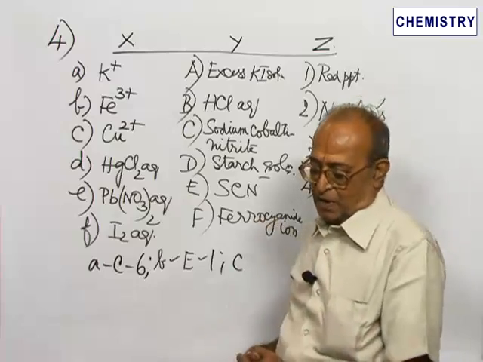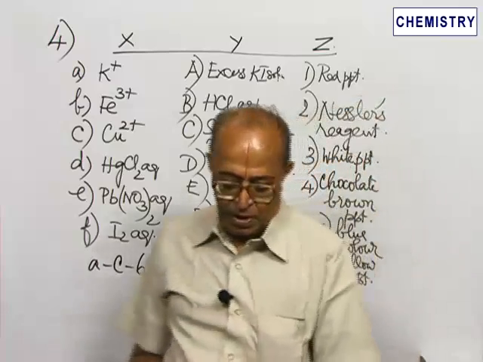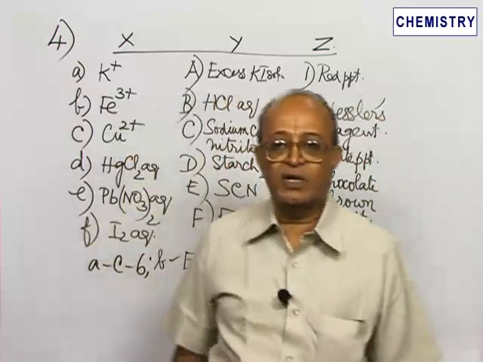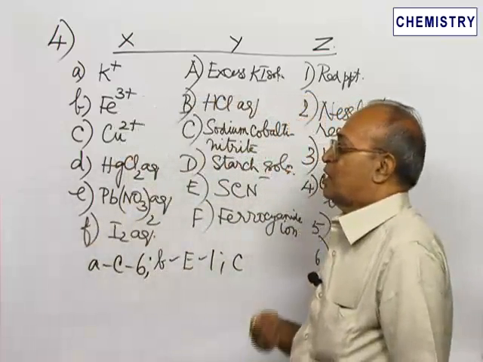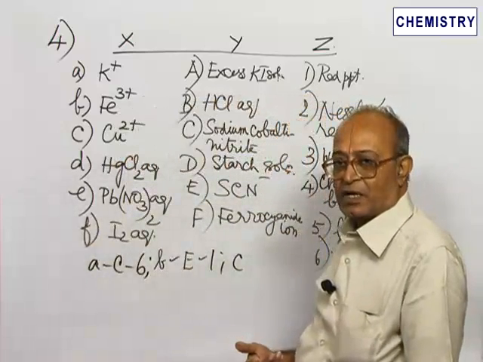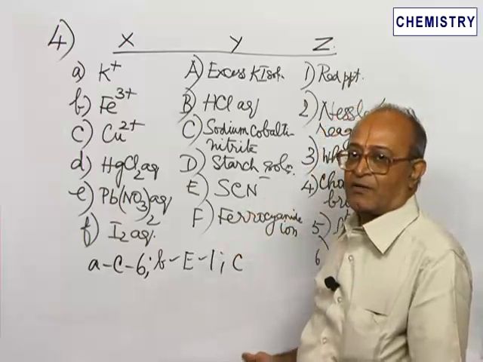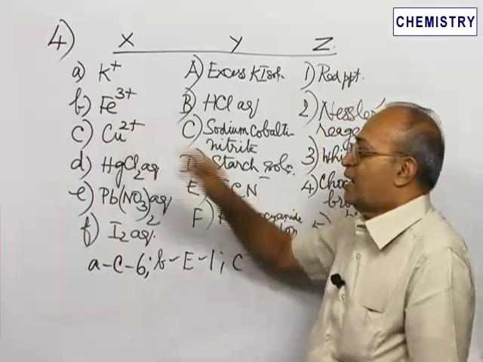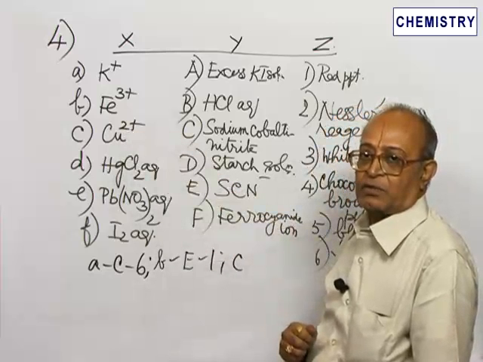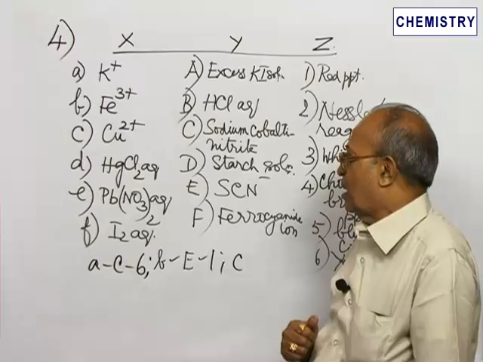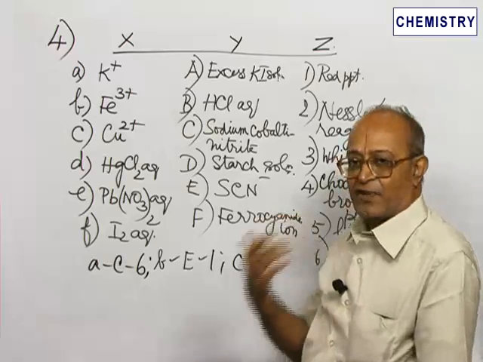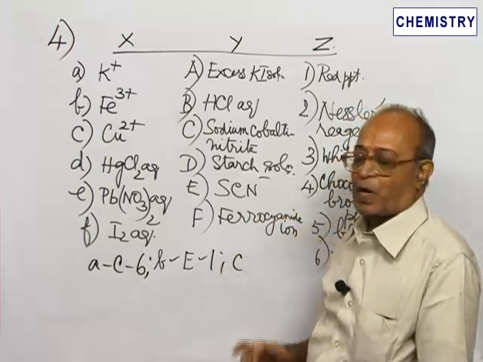You see, in qualitative analysis, to confirm the presence of various ions, we are performing several tests. For example, we are adding ammonium hydroxide to cupric ion solution, or potassium ferrocyanide, and so on.